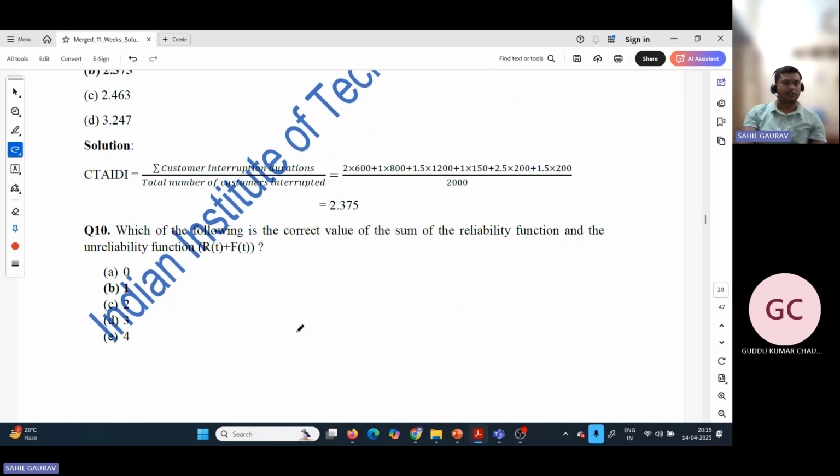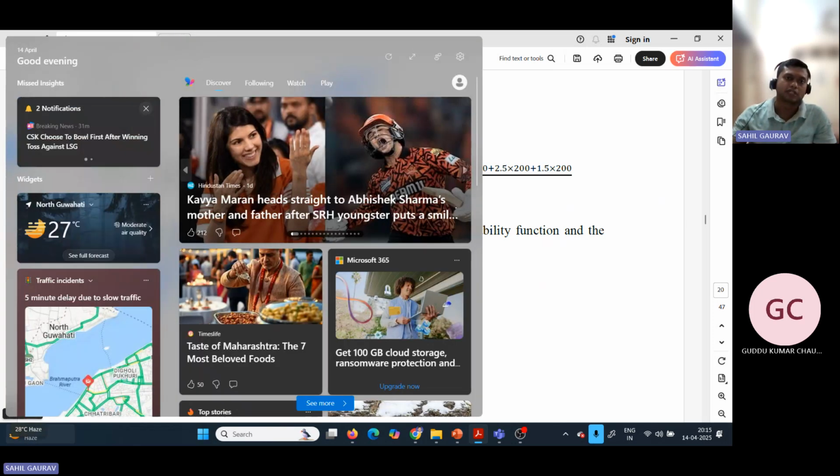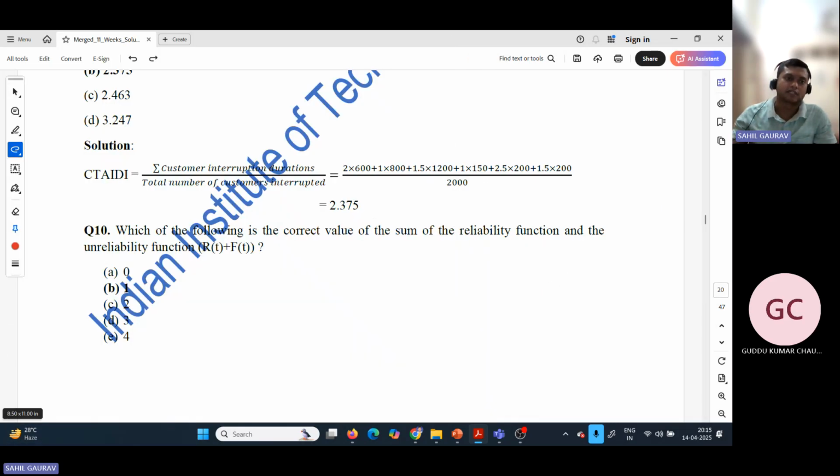In the last problem only, one theoretical problem was asked: which of the following is the correct value of the sum of the reliability function and the unreliability function. It is 1. So we know that the sum of the reliability and unreliability functions is 1. So B is correct.